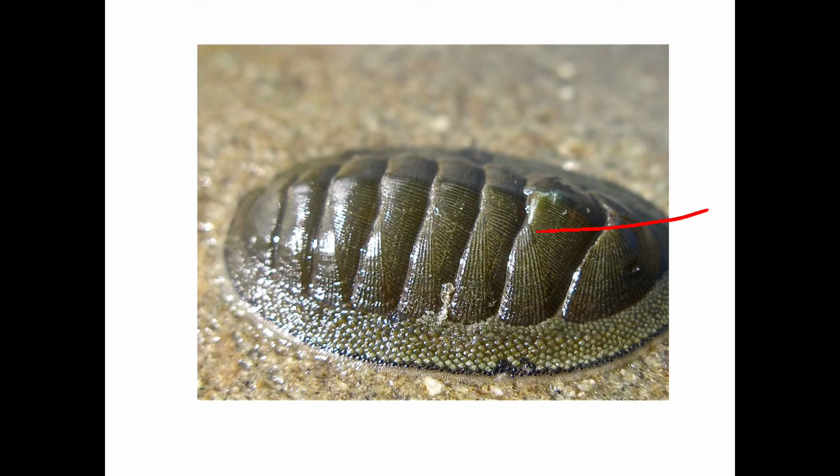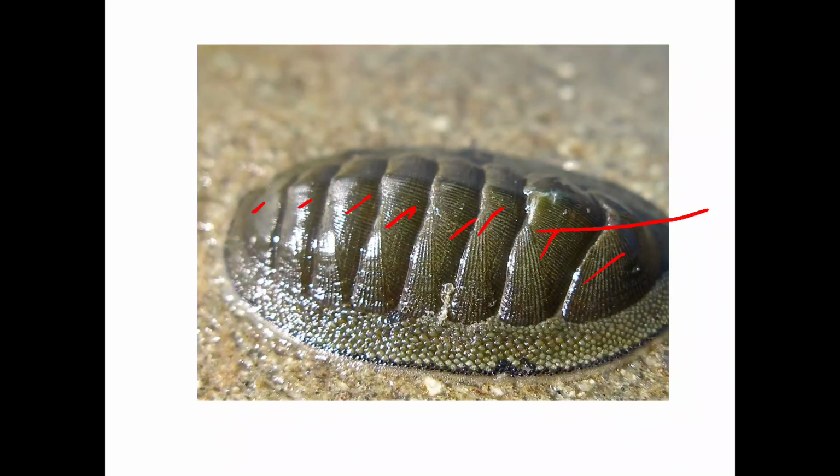They have a thick and fleshy mantle which secretes the dorsal shell. You can see the dorsal shell here in this image, and it is secreted by the massive mantle. Then this shell contains 8 overlapping plates.